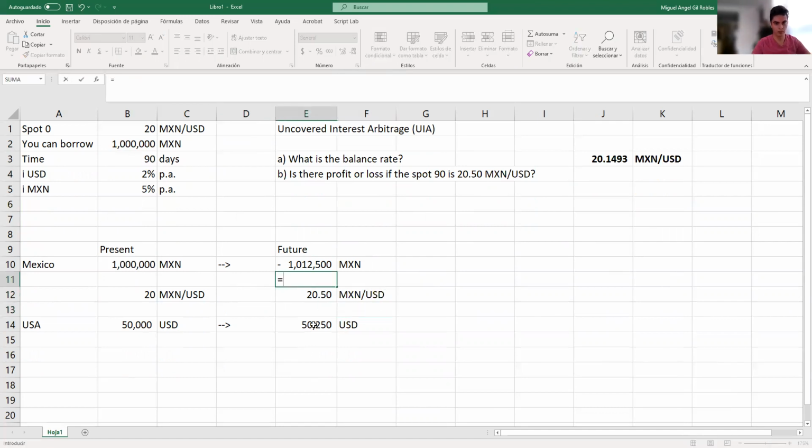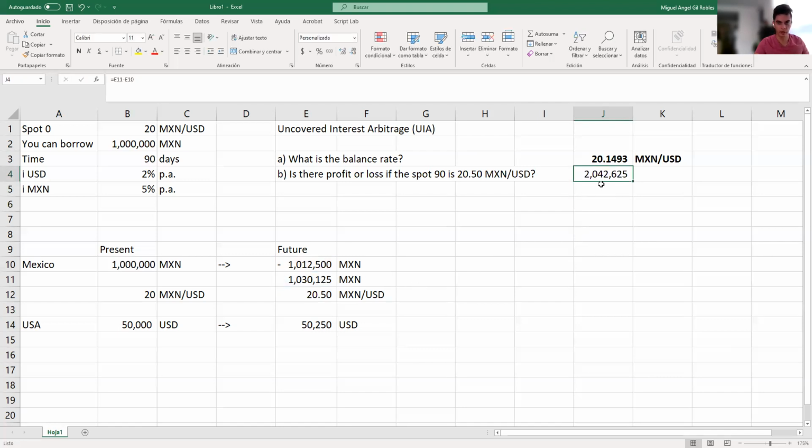And what will you do? You are going to multiply this times this, and you will get this amount of pesos. And finally, you only need to subtract, right? The difference between the strategy and staying and the, sorry, but because I have a negative number, I need to add, okay.